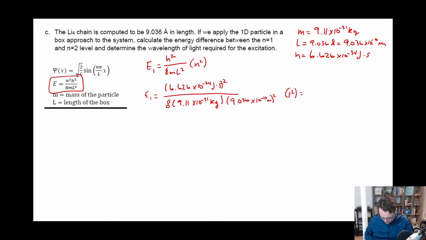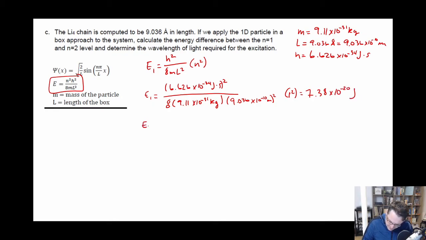So plugging all of that in, and then multiplying by 1 squared, which is 1, what you get is 7.38 times 10 to the negative 20 joules.